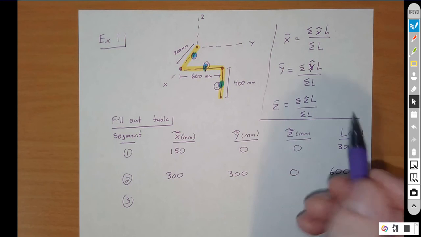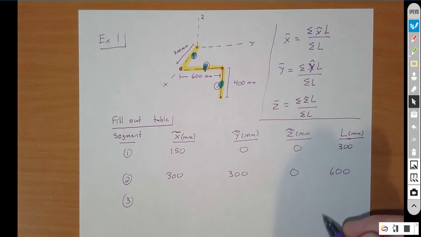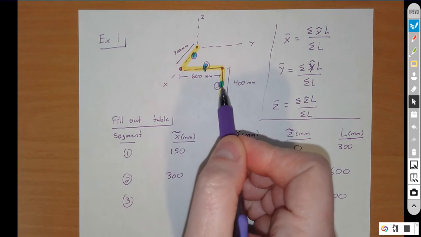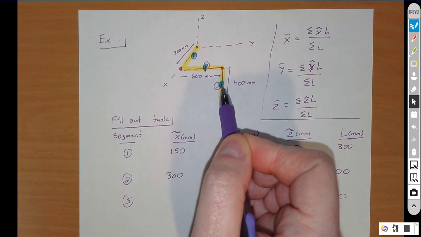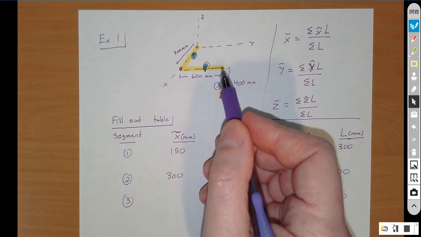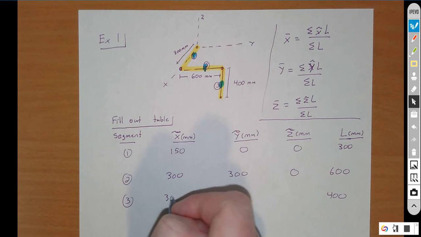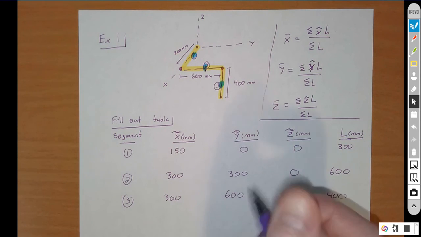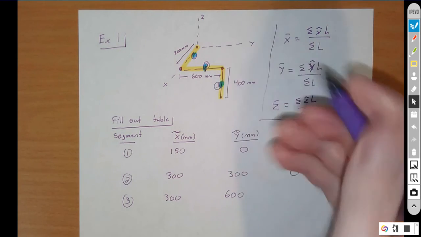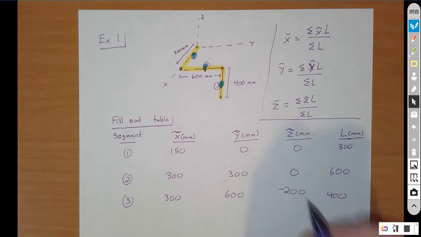And then segment 3 is 400 millimeters long. And then we want to find the coordinates of the centroid of this, so the blue point. That's also going to be 300 in the x, 600 in the y, and then we'll have a negative z component, so negative 200. So at this point, you've filled out all of the data, and then you can just solve these equations.